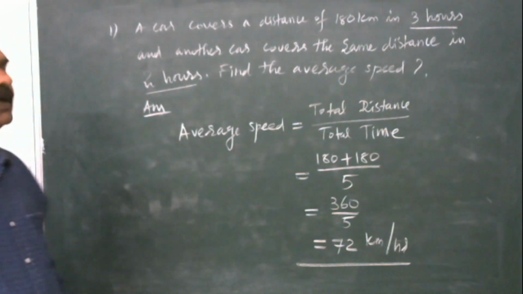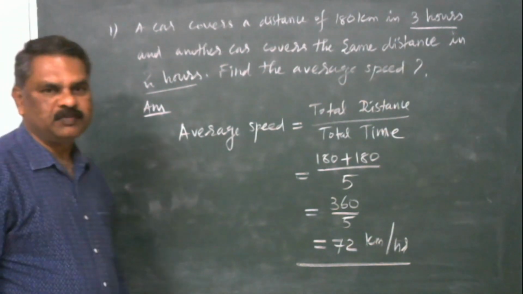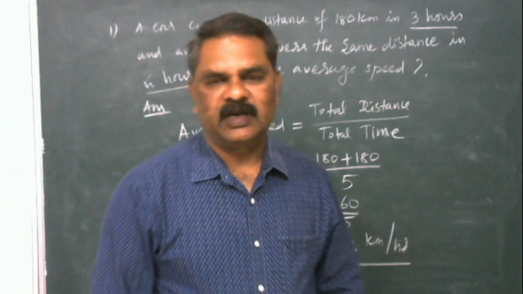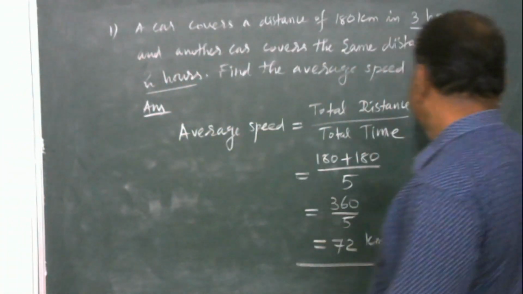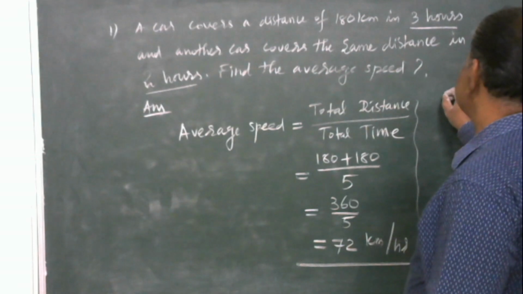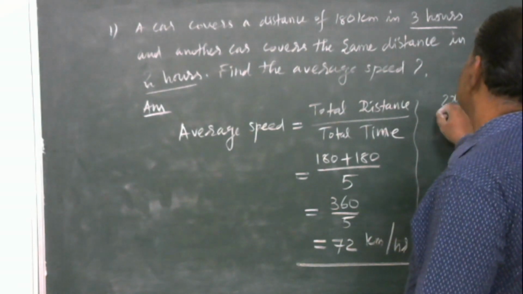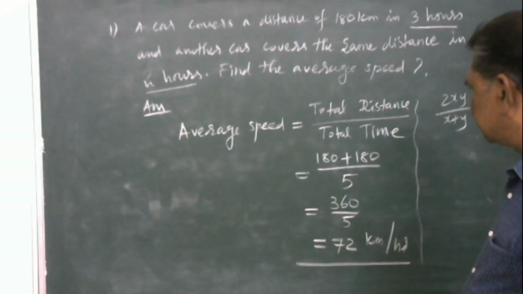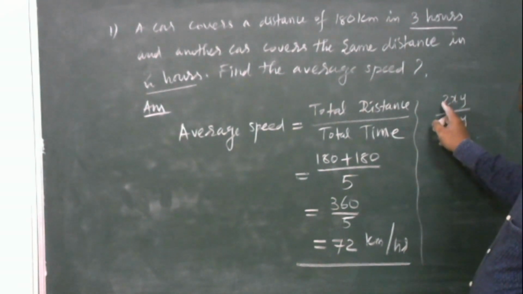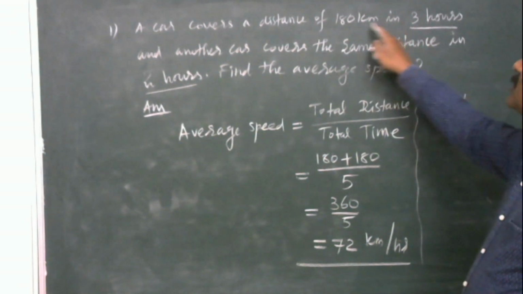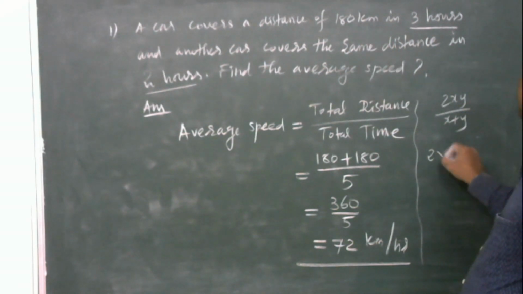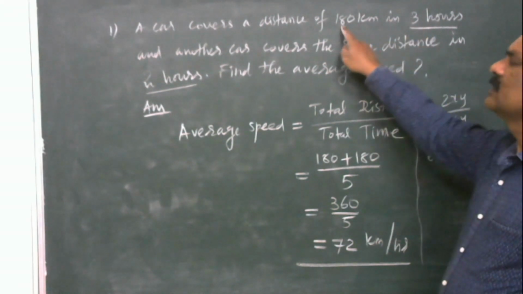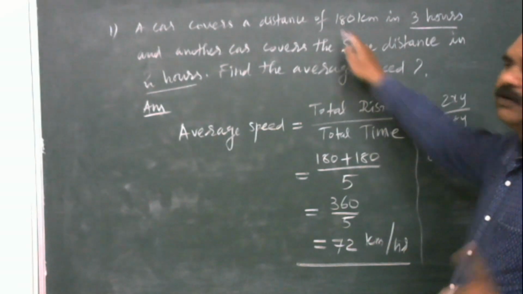That is one method. The other method: because the distance is the same, we can also use the second formula, 2xy by x plus y. Here x is the speed of the first car. The first car covers 180 km in 3 hours, so in 1 hour it covers 60 km.